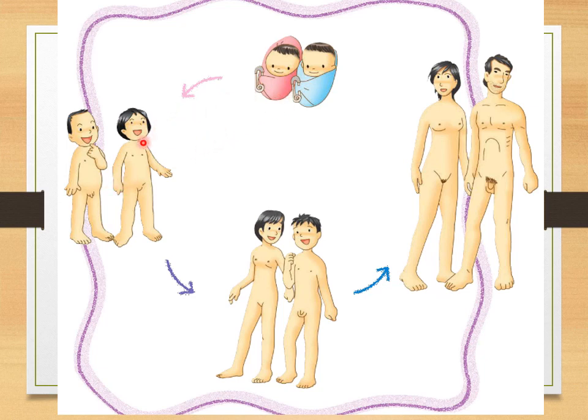That means body changes are not very obvious and not too many. But from childhood, this is childhood, and this picture represents puberty.